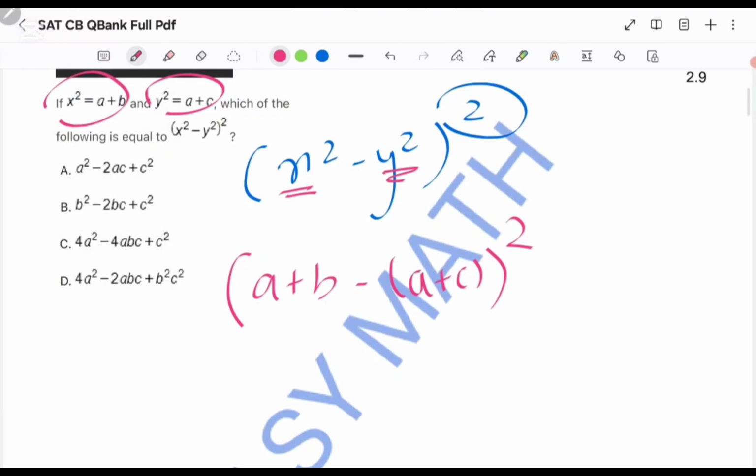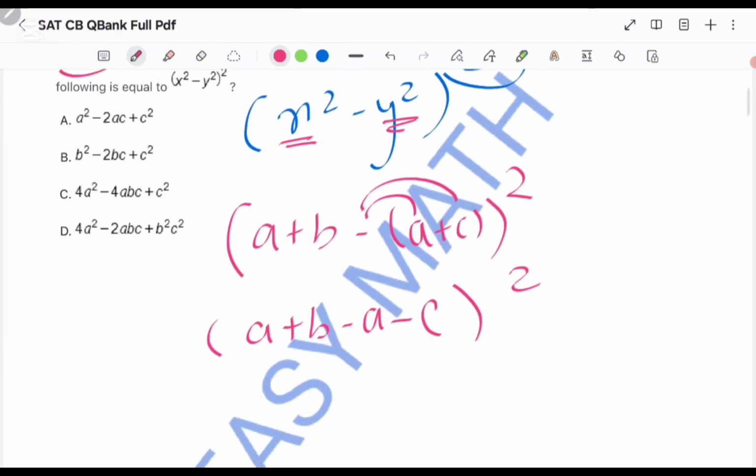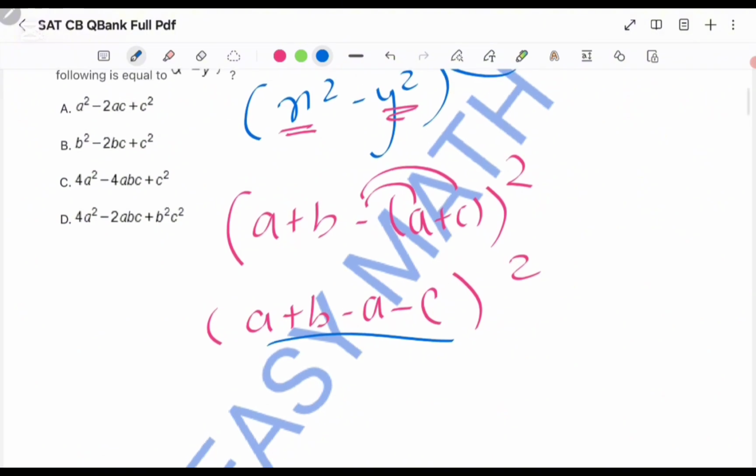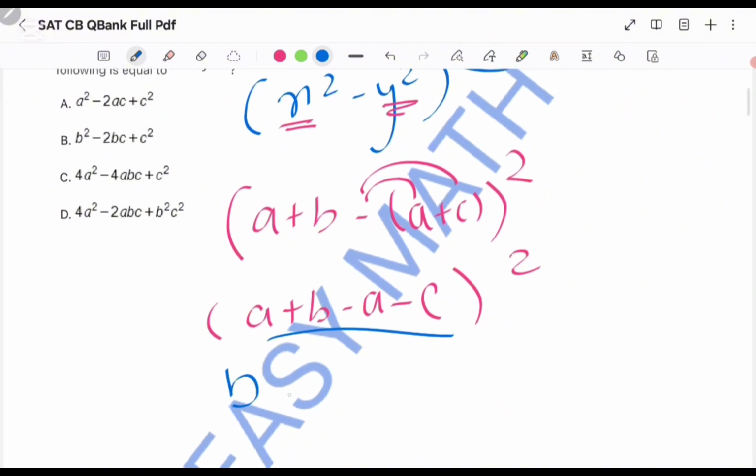Now let's try to expand this one here. We have a plus b and then the negative a minus c, and all of this is squared. Now let's go ahead and try to join any like terms that we have. We're not going to end up with any a's actually. We're going to have b minus c all squared.